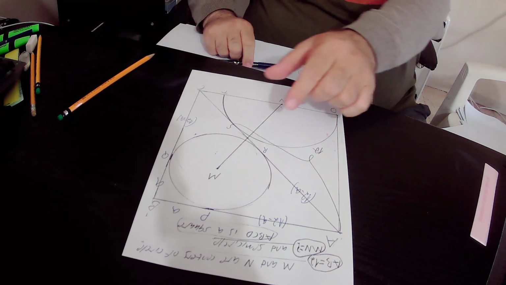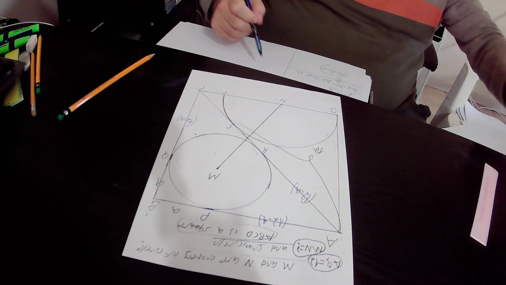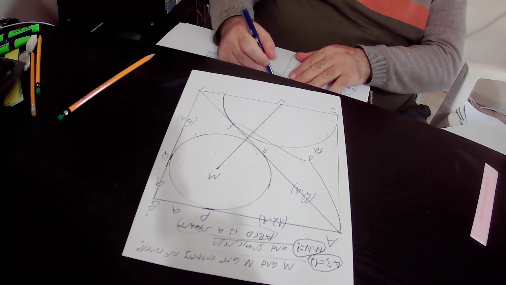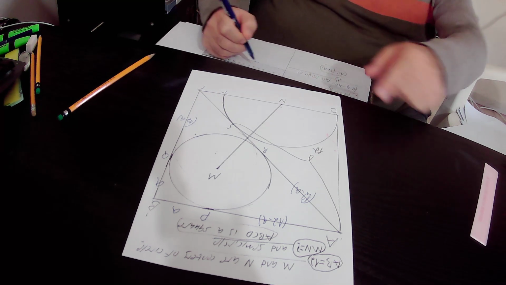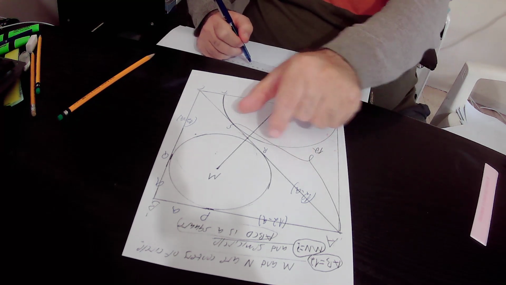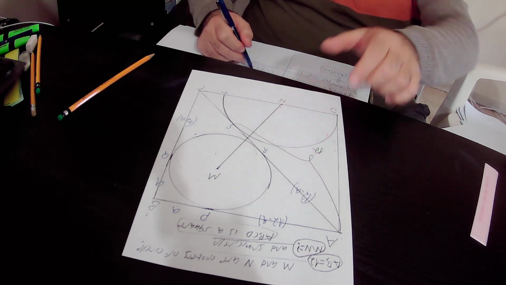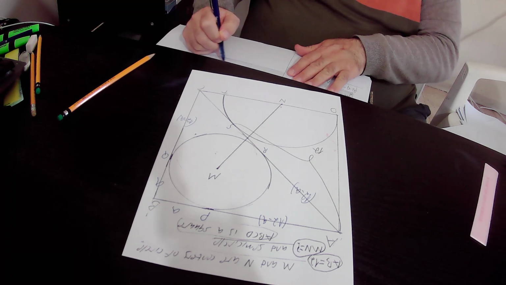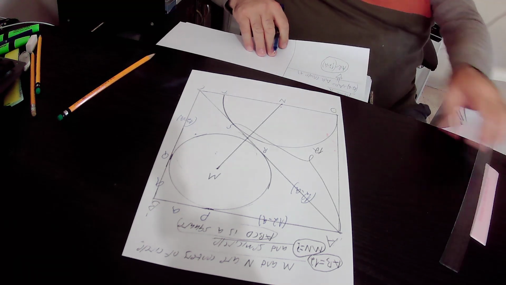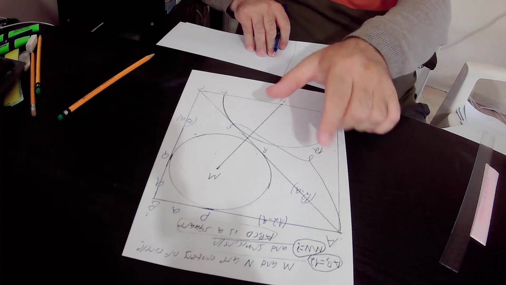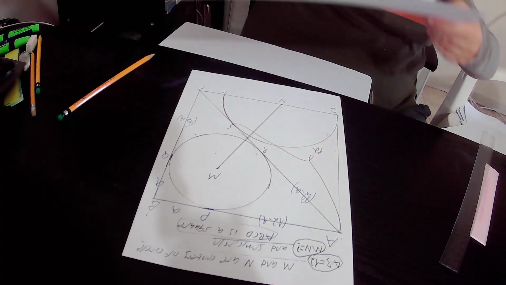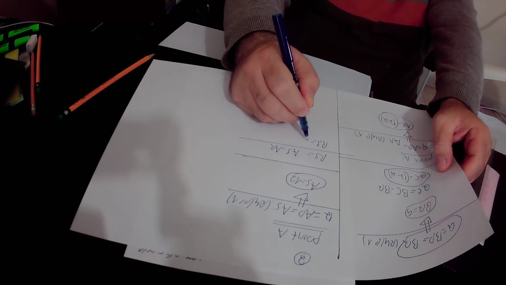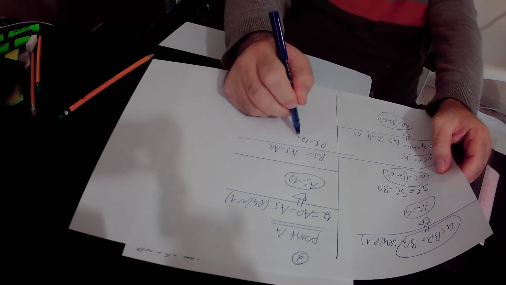And what is the value of line segment RS? Here it is very easy to see from the drawing that the length of line segment RS is equal to AS minus AR. I repeat again, RS equals AS minus AR. So RS is equal to AS, that is 12, minus AR.